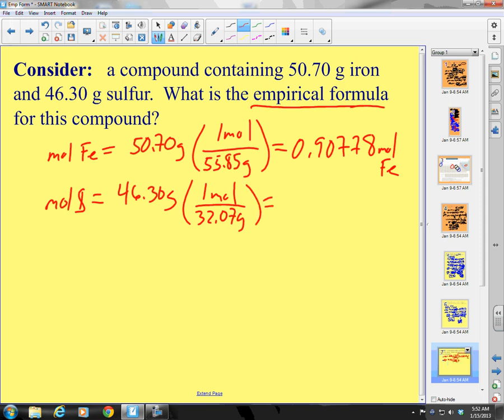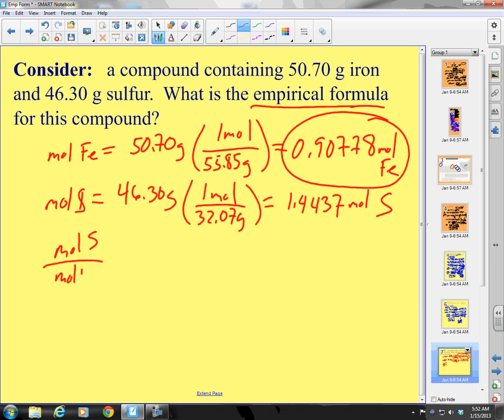And what do I get here? I have 46.30 divided by 32.07, and my magic number is 1.4437 moles of sulfur. Now I want to set up my ratio. Well, what's going to go in the bottom? The one that's the smallest, which is iron. So we want to set up a ratio of moles of sulfur per mole of iron, meaning I want to take 1.4437 moles of sulfur per 0.90778 moles of iron.